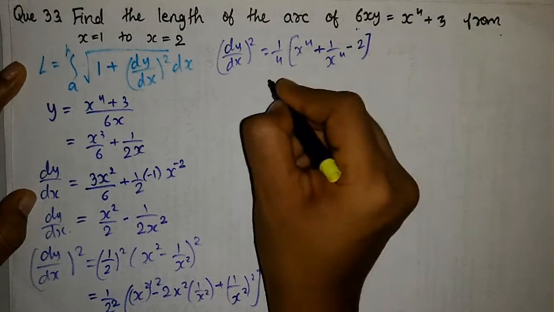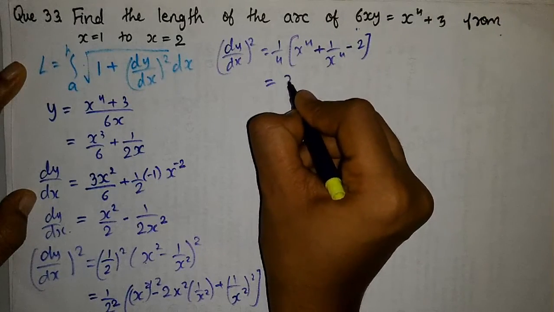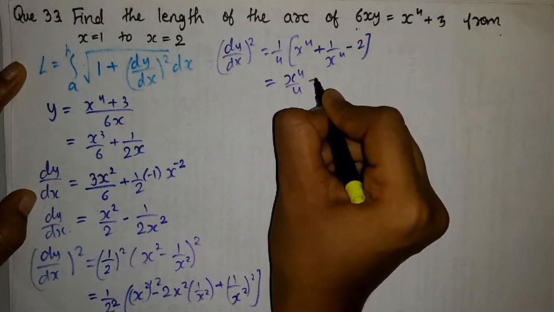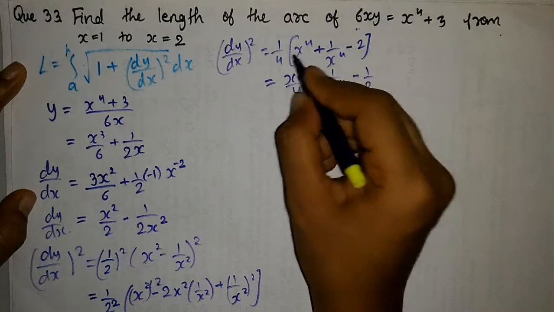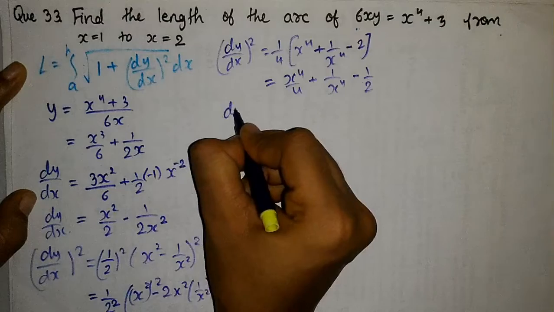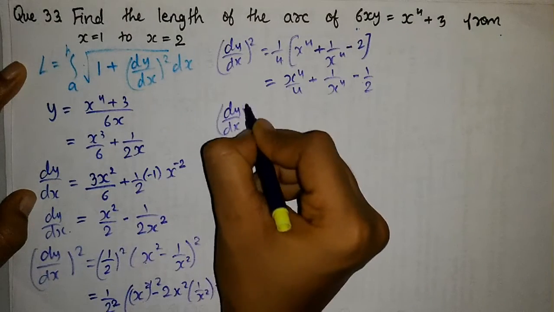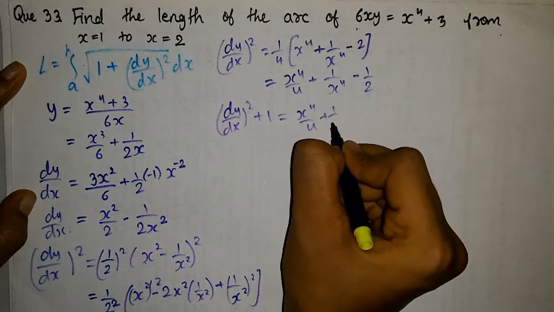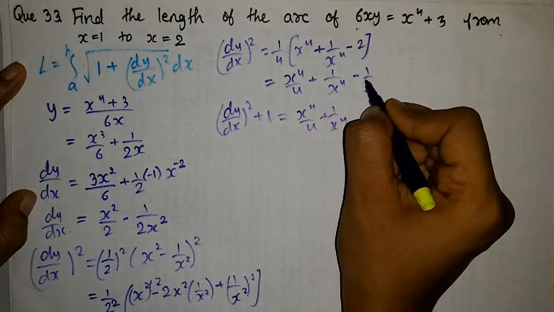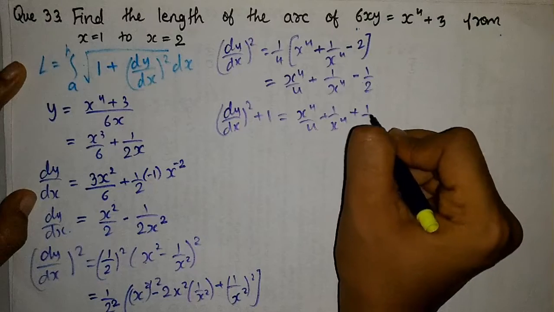Now let's divide the 4 inside. It will be x^4/4 plus 1/(4x^4) minus 1/2. Now for (dy/dx)^2 plus 1, we add 1. So we get x^4/4 plus 1/(4x^4), and adding 1 to the minus 1/2, it becomes plus 1/2.